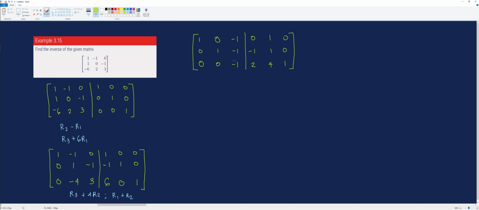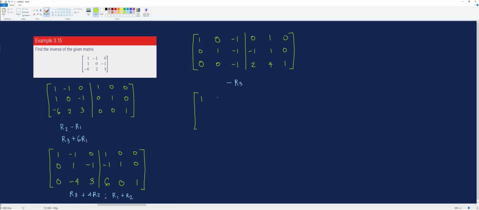To make things simple, again, our objective is to make this an identity matrix. We will multiply the third row by negative 1. That is negative R3. So we will not do anything on the first and second row.